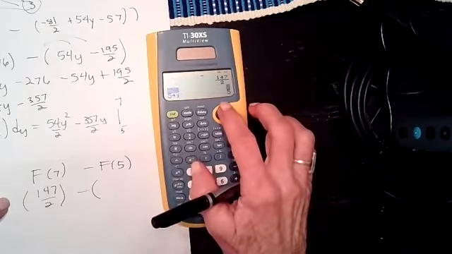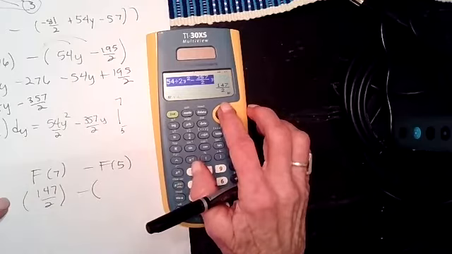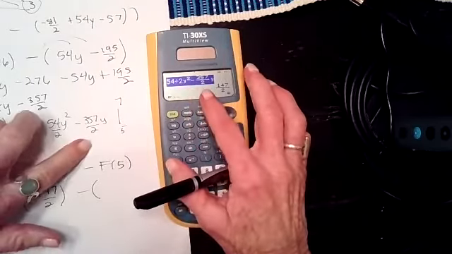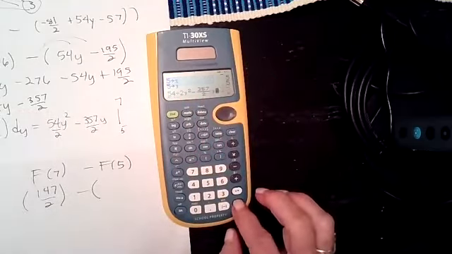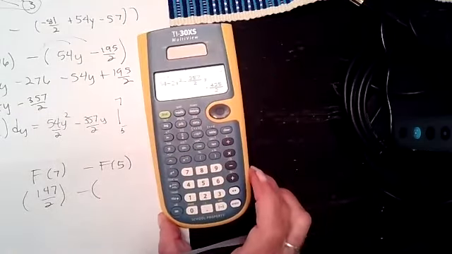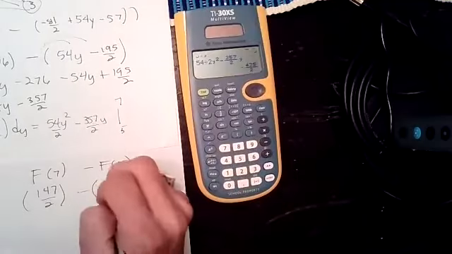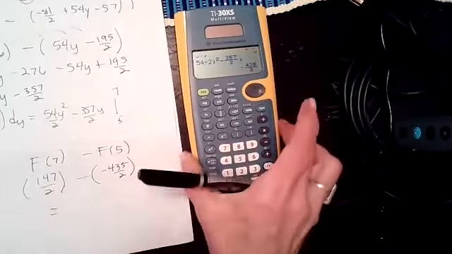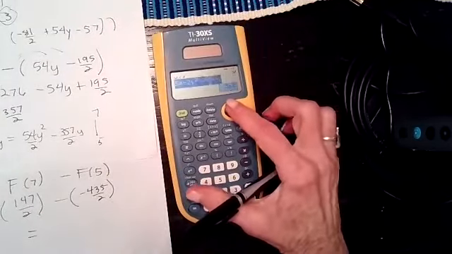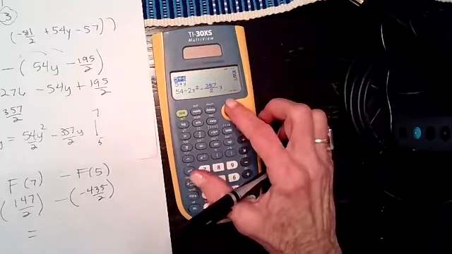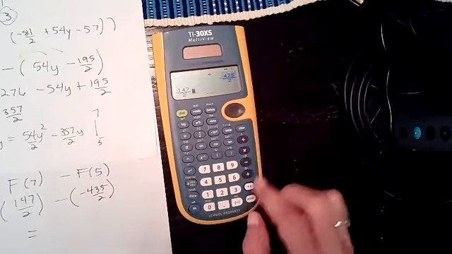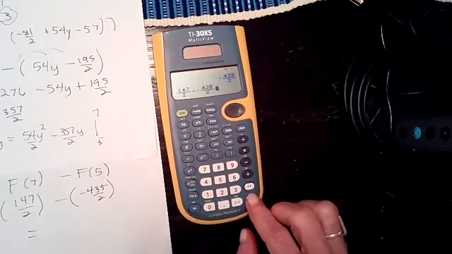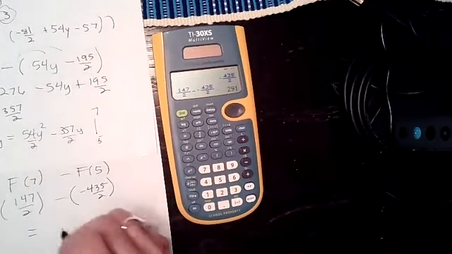I'm going to highlight 54 halves y squared minus 357 over 2y, enter, enter, negative 435 over 2. And you know me, I'm not going to type anything in again. I'm going to go get that 147 over 2 and highlight it and push enter, minus, and then go get that 435 over 2, highlight it, enter, enter, and I get 291.